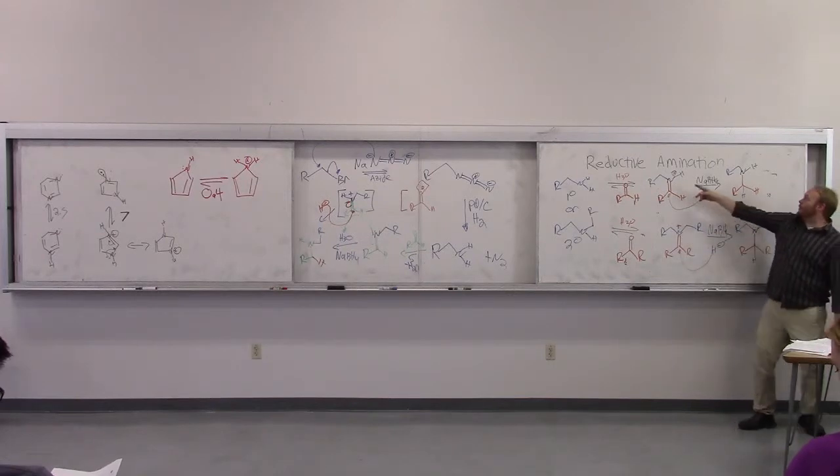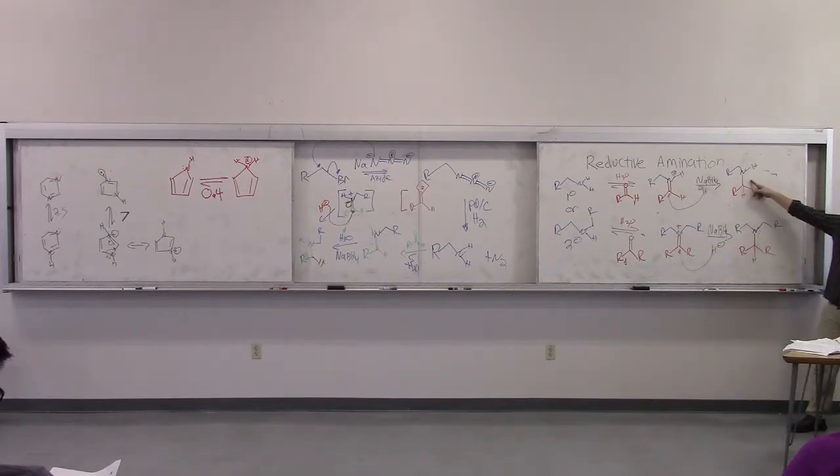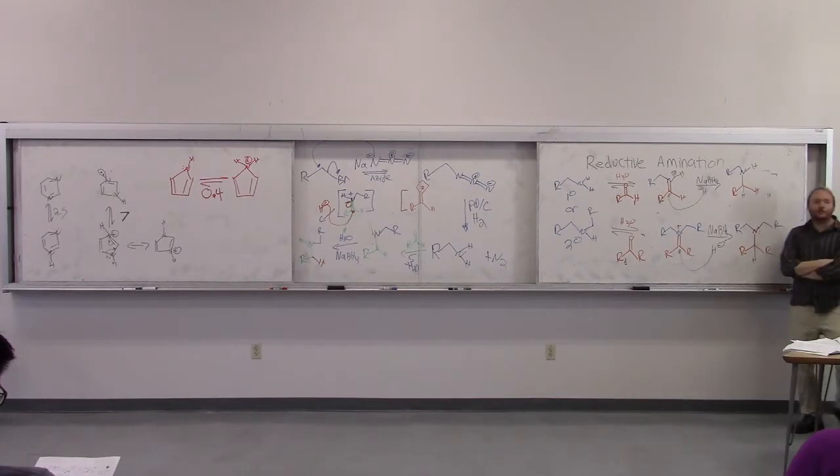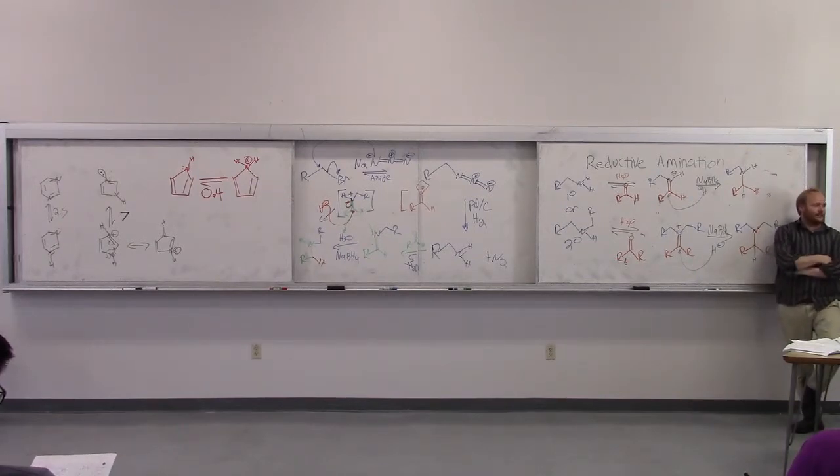So by the time we form our secondary amine, in this case, which could go on and react further, there's going to be nothing for it to react with. All right, and so because of that idea, we're able to get control and only get our monoalkylation in the reductive amination, rather than our di or trialkylation, which we get if we just use an sp3 amine.